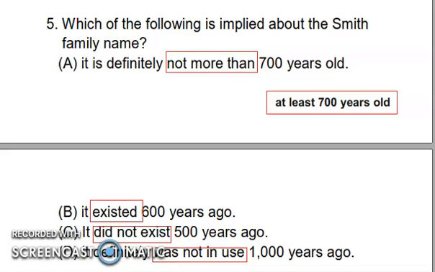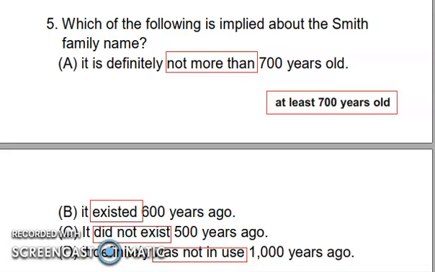Yeah, or the option B here is right because if it is minimum 700 years old, so probably 600 years ago or 600 years old, it does exist. Yeah, 500 years ago, it also exists. Why? Because at least, minimum 700 years old, it means it can be 800, 900 or more.